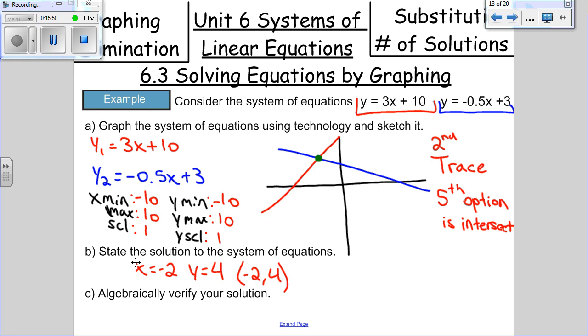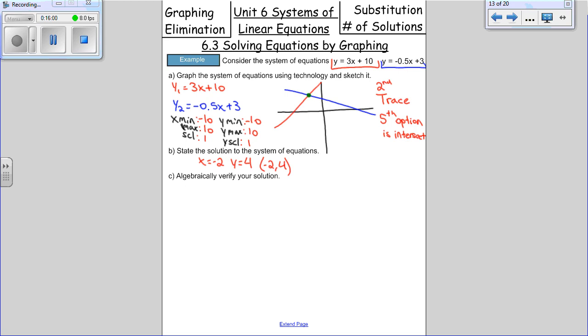Algebraically verify your solution. So we did do this one day, but we're going to do it again. If you ever see the word verify your solution, what that means is take your answer and put it into your equation. So, equation 1 was y equals 3x plus 10. Equation 2 is y equals -0.5x plus 3.